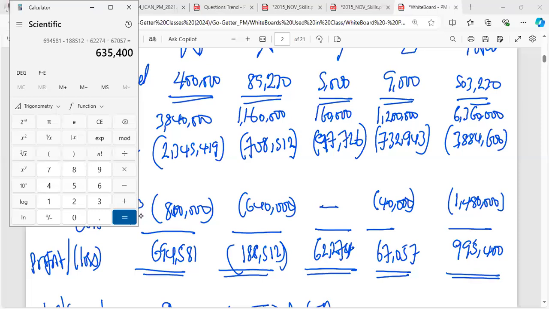There must be something I've missed here. Let me check this. 1,160 minus 708,512 minus 640,000.